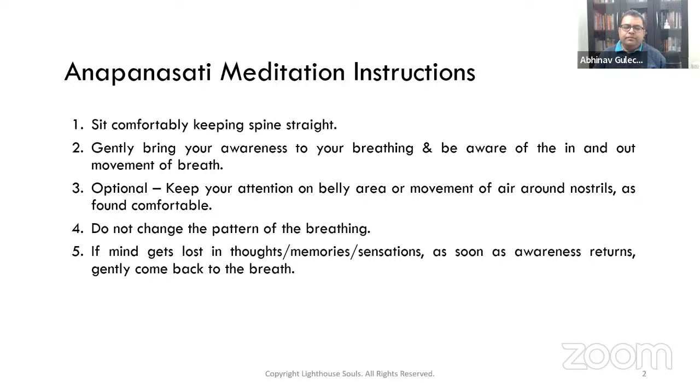Keep noting your breath as it comes in and as it goes out. Keep observing the breath.